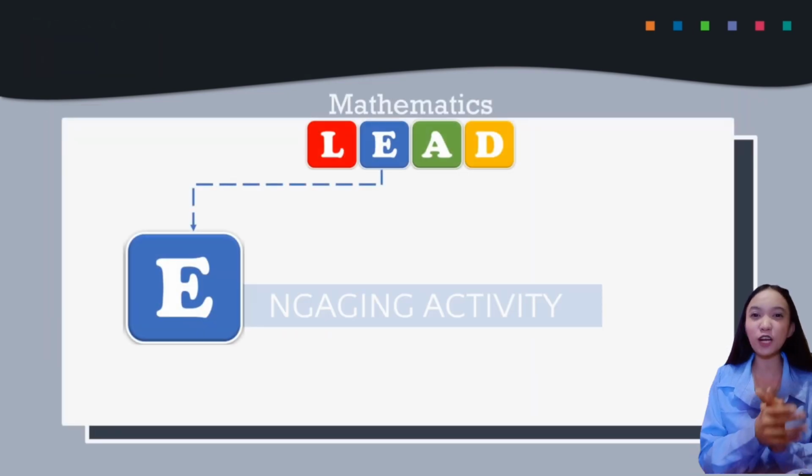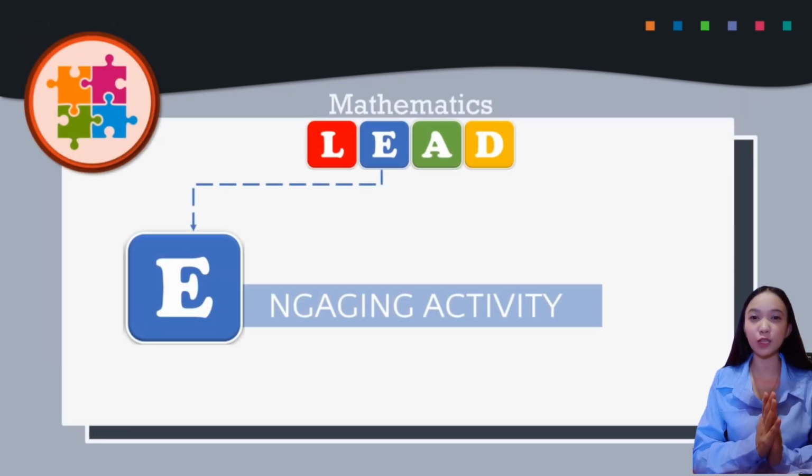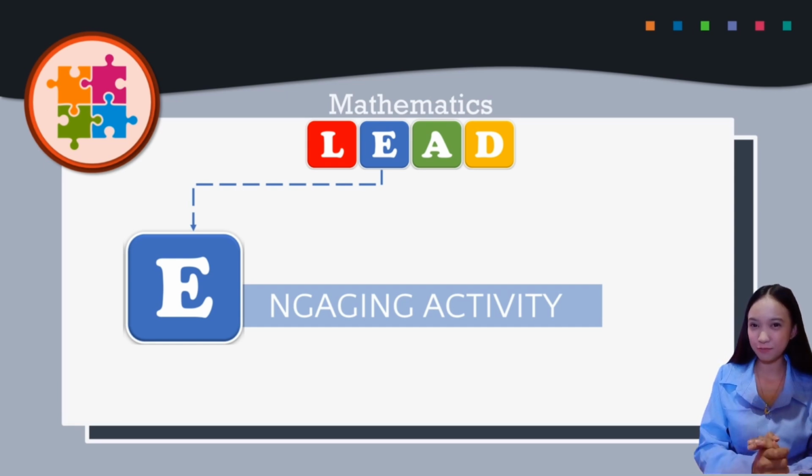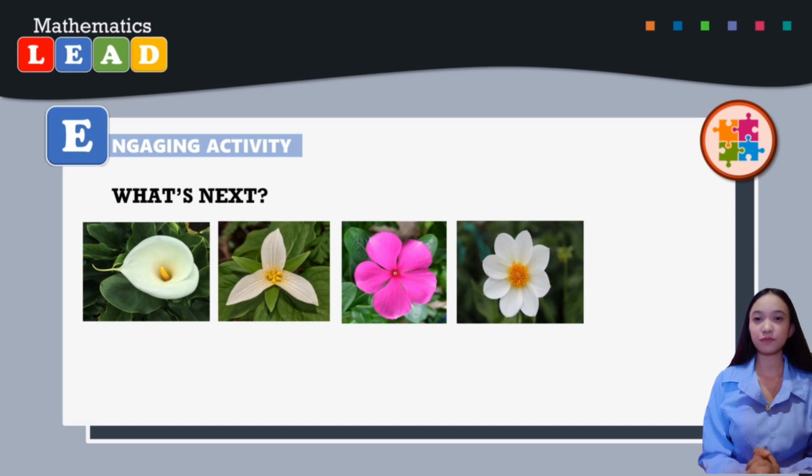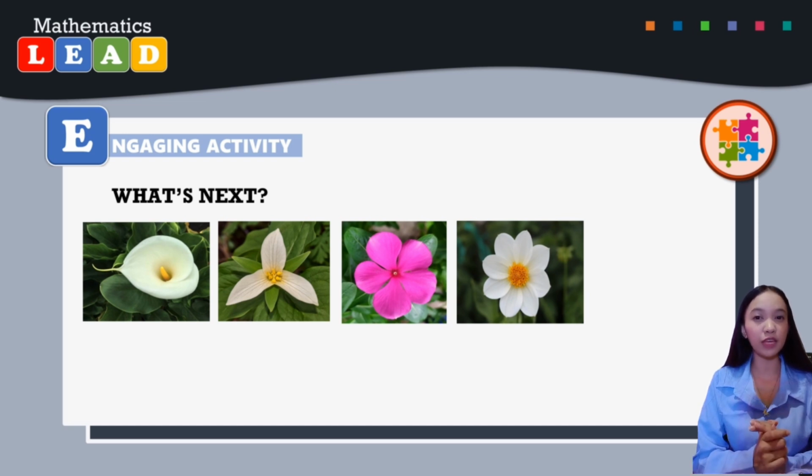But before we dive into today's lesson, let's start with a quick warm-up activity to get our brains in gear. Are you ready for a little challenge? What you are going to do is guess the next figure. Our first figure is a flower with 1 petal.